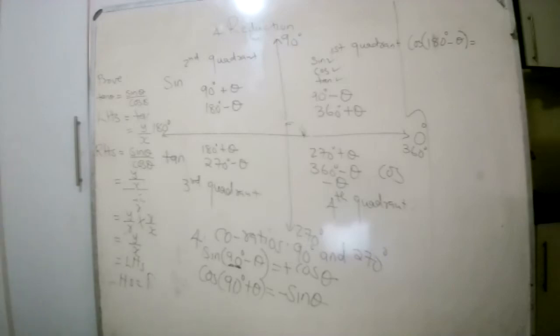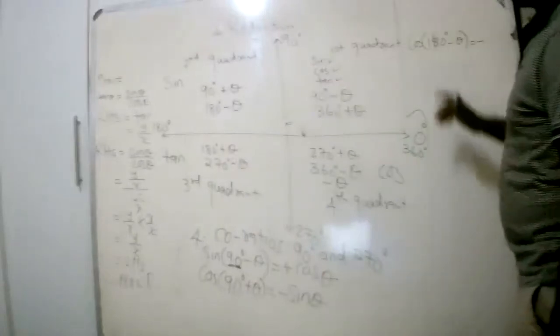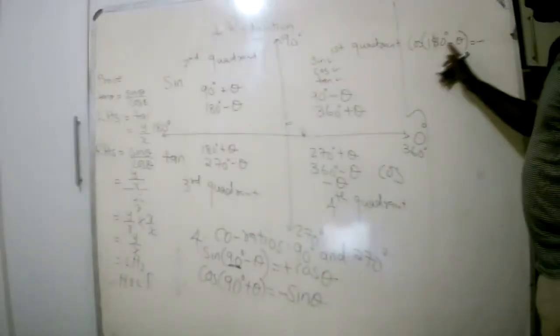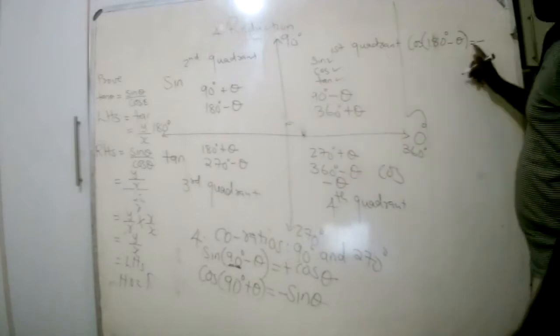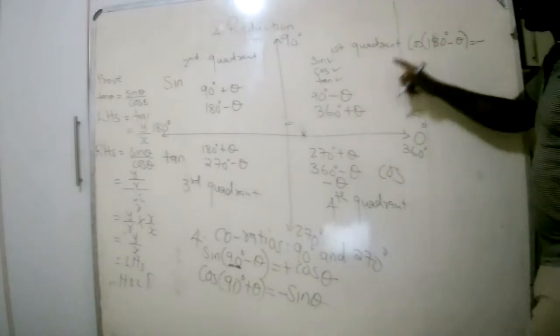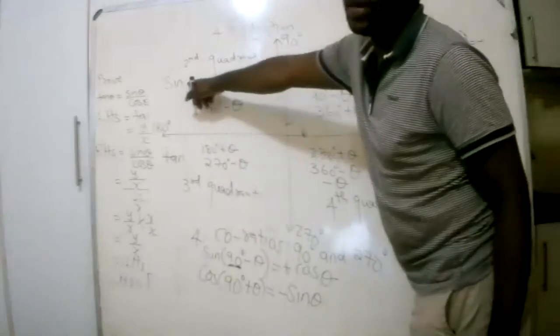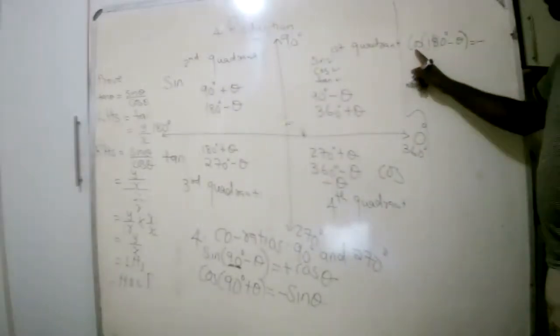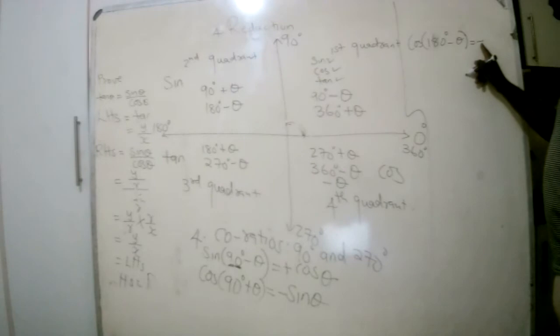But in that case, what do we have here? Cos, right? So we are going to have a negative. 180 minus is on the second quadrant, where only sine is positive, but here we have cos. Therefore, we are going to have a negative.